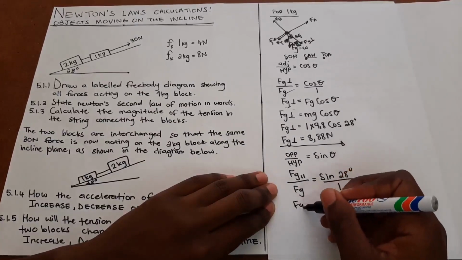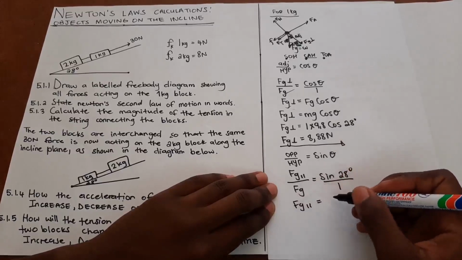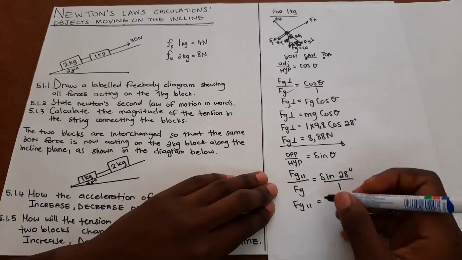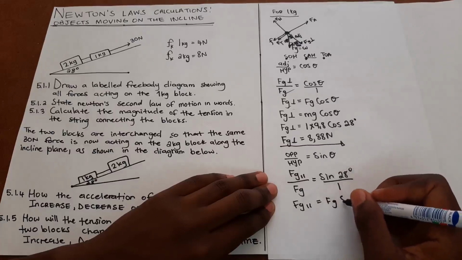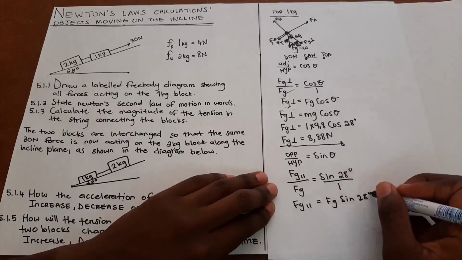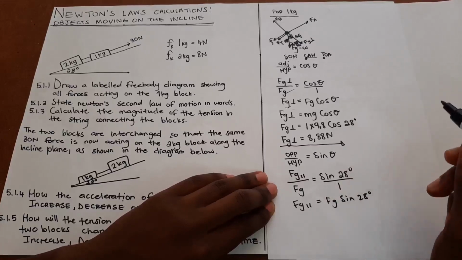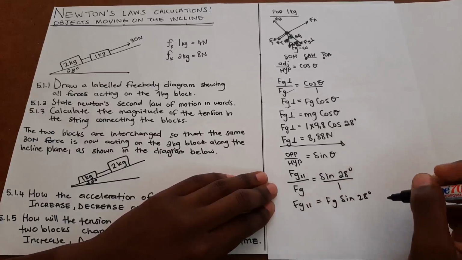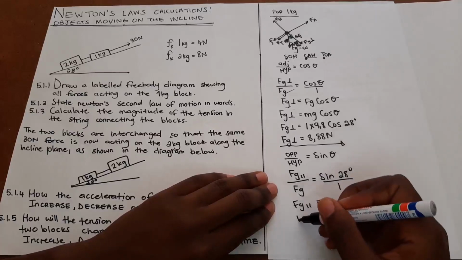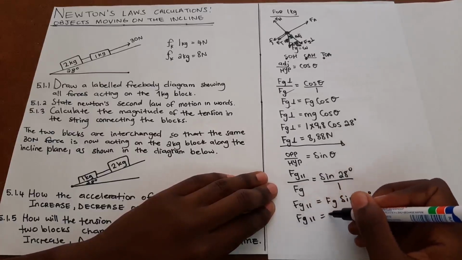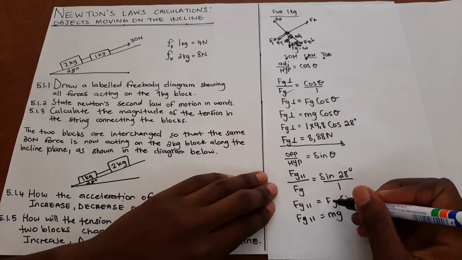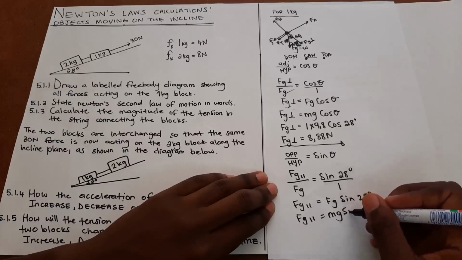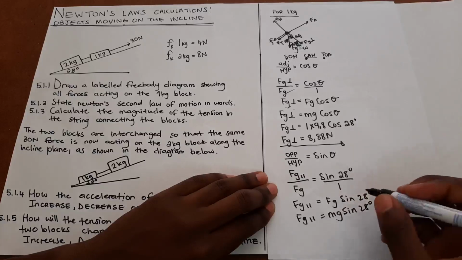Fg parallel equals Fg multiplied by sine 28 degrees. So Fg parallel is equal to mg, because Fg equals mg, the mass multiplied by gravitational acceleration, sine 28 degrees.